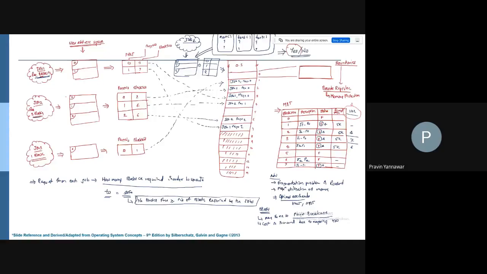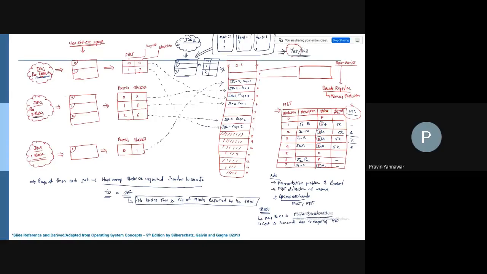Let me understand this. In this case, there are only two answers, either yes or no. The question is: can we execute a job without loading its complete address space into primary memory?